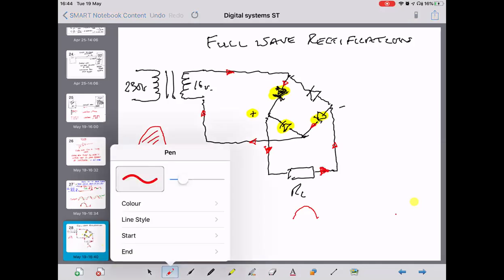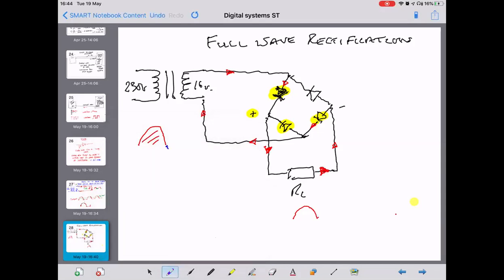If we then have a blue half cycle, where this terminal is positive and this one's negative, the AC current is going that way, flows up that diode, and goes the same direction through the load as did the red half cycle.